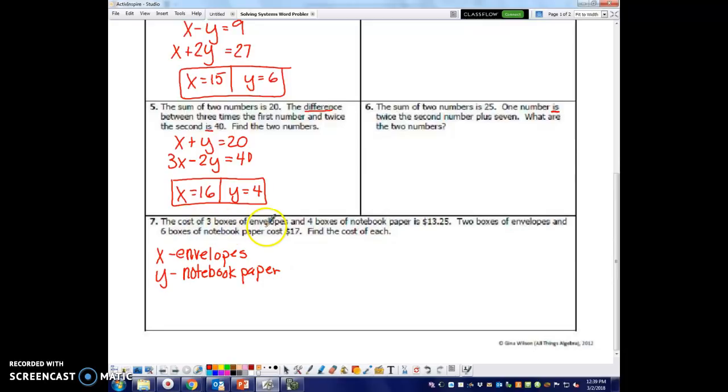So it says that 3 boxes of envelopes plus 4 boxes of notebook paper is $13.25. 2 boxes of envelopes plus 6 boxes of notebook paper cost $17.